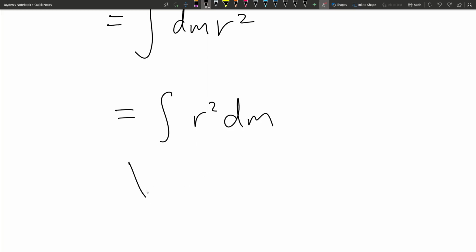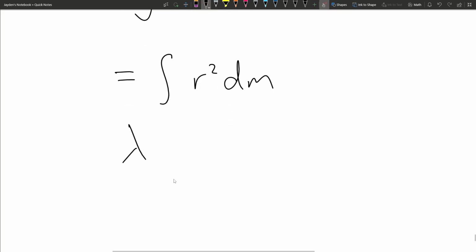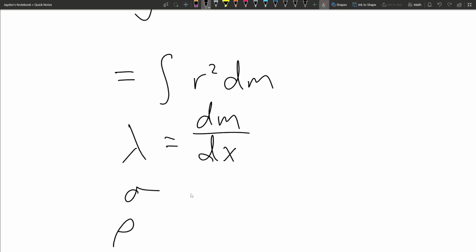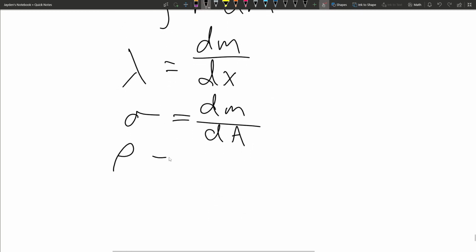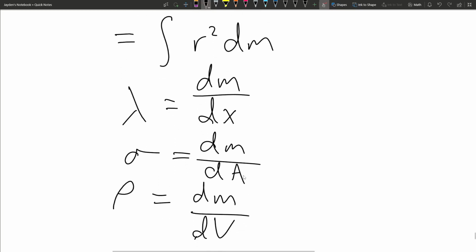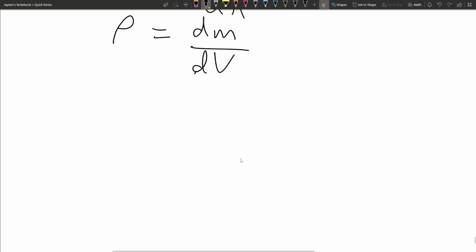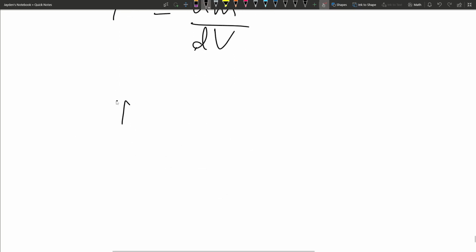Using one dimension, two dimension, and three dimension, we can derive the moment of inertia for different distributed masses using these basic tools.